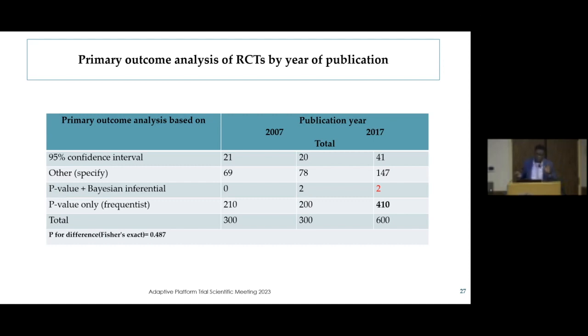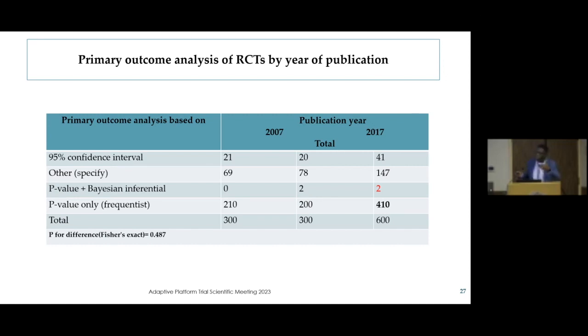So I think I should back up a little. When we were designing the extraction, we considered all the elements that you will see in a Bayesian RCT. Was a prior distribution mentioned in the paper? Was posterior distribution mentioned in the paper?